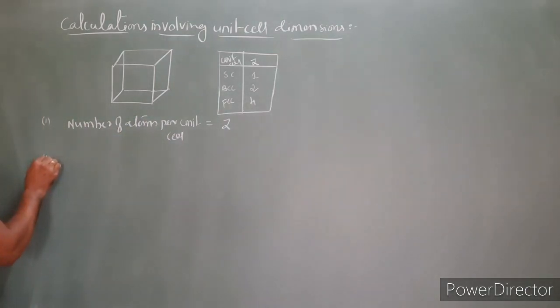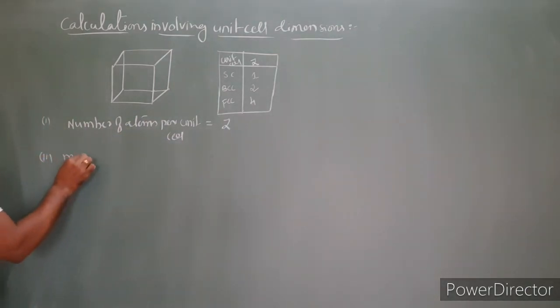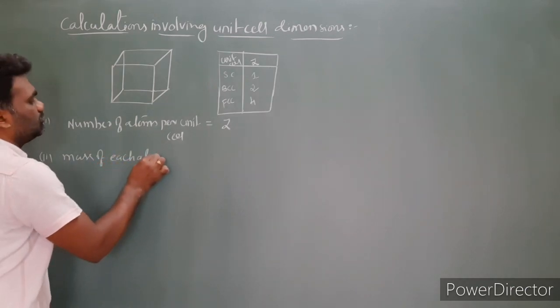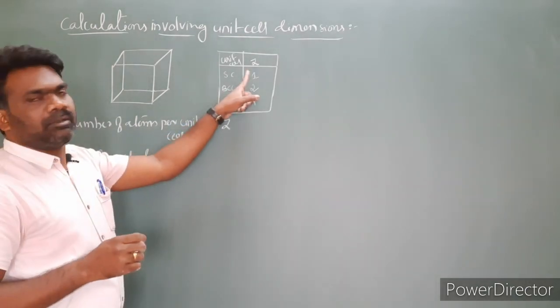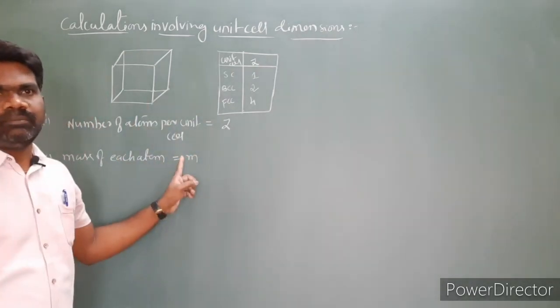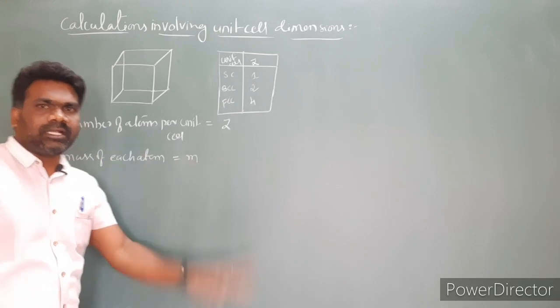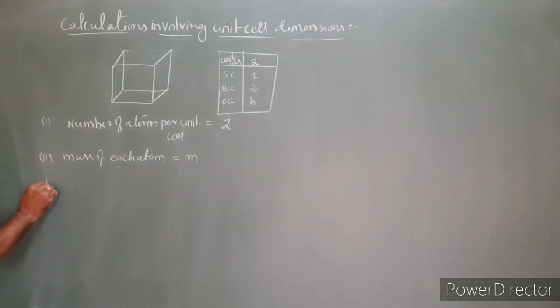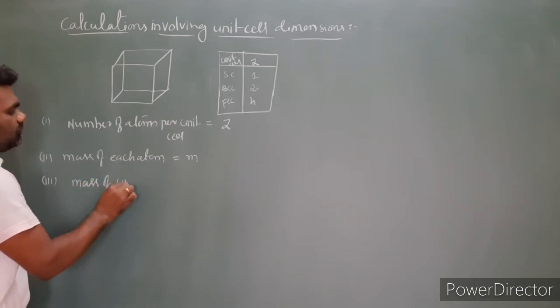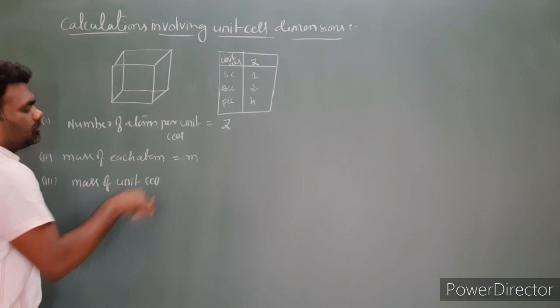The next one is the mass of each atom. I'm labeling the mass of each atom as a small m. This is the second point. The third point is the mass of the unit cell.